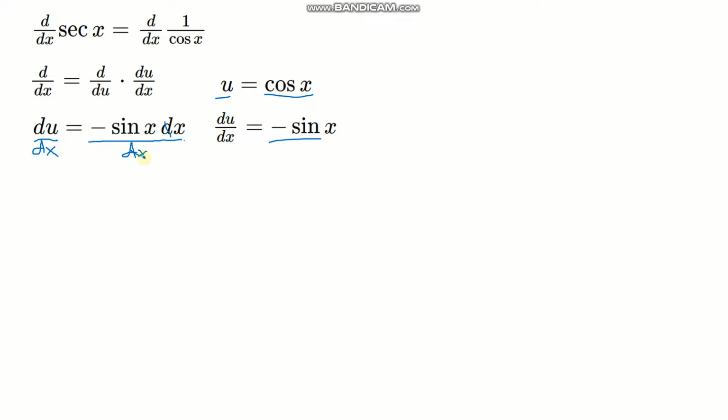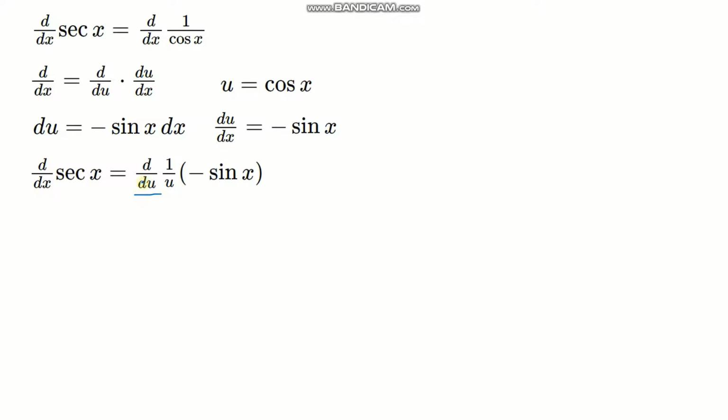By the chain rule, the derivative of secant x is d over du, where we take the derivative of 1 over u, times du over dx, which is negative sin x. The derivative of 1 over u is the same as the derivative of u to the negative 1.